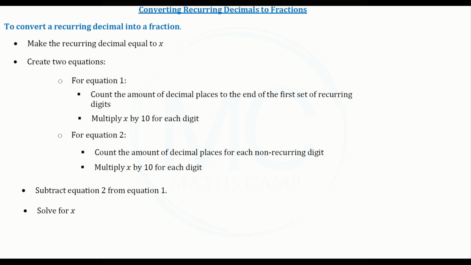Let's convert the recurring decimals we have just looked at. Here we have 0,3 recurring. So let's start by making this equal to x. So I can say x is equal to 0,3 recurring for equation 1. And I'm going to write it again on this side of the page. 0,3 recurring. Now, for equation 1, we need to count the amount of digits to the end of the first repeated pattern.